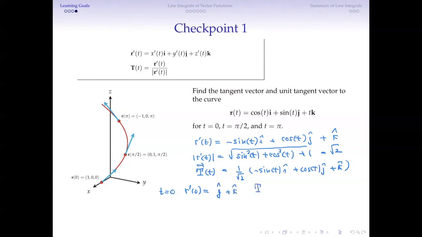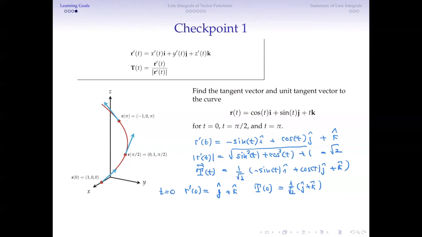That means that the unit tangent at 0 is just the normalized version of that vector. And sure enough, if we look at the picture, here's this unit tangent vector, and it has no component in the x direction, but it's going diagonally upward at a 45-degree angle, parallel to the yz plane.